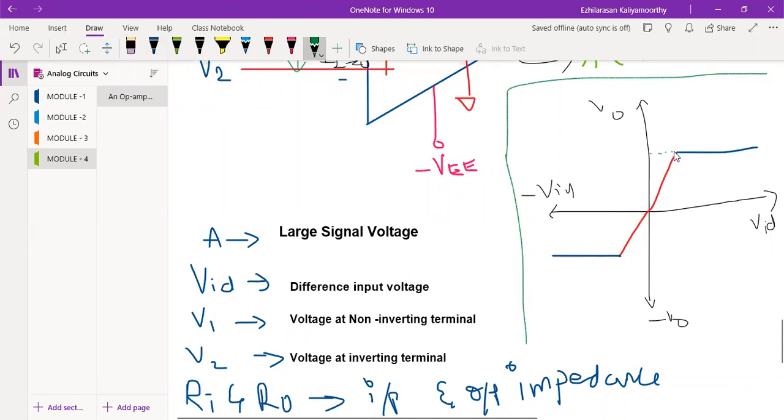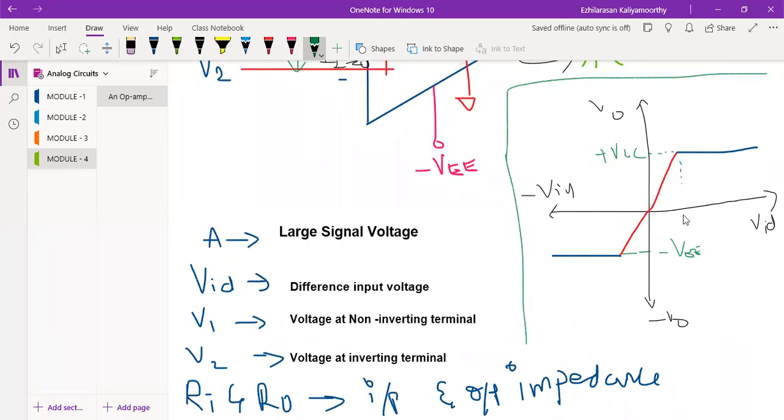This is plus VCC, and this will be minus VEE. From this diagram we can say your output voltage will not exceed beyond VCC, the positive or negative saturation level. Up to here only we'll get the output.